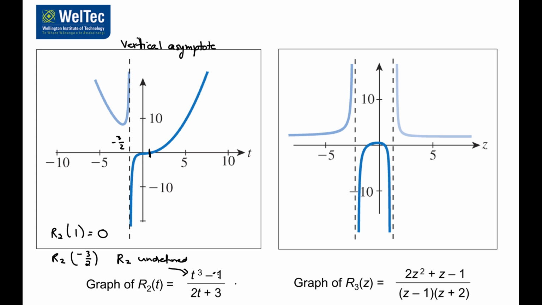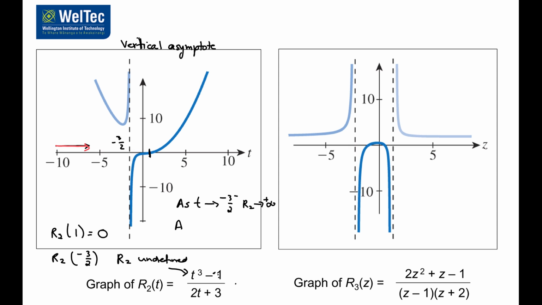If we're looking at what happens as we approach that, so as t is approaching negative 3/2 from below, what happens? So if we're coming in this way, make it red, if we're coming in that way, what's happening? Our graph is shooting up towards positive infinity. What if we're coming in the other way?